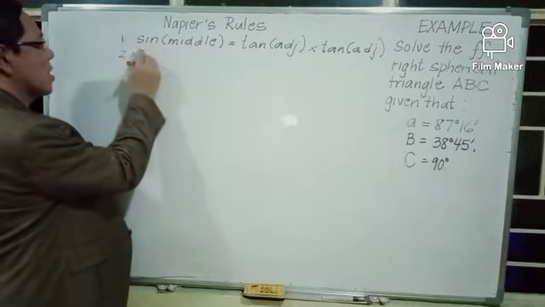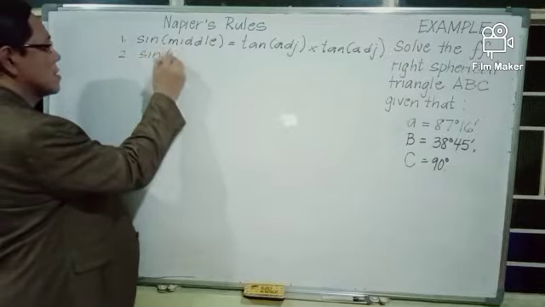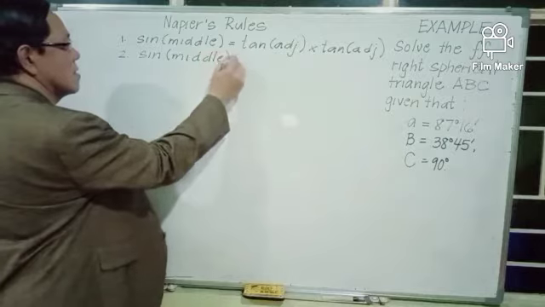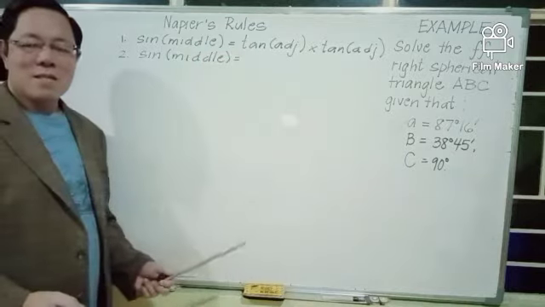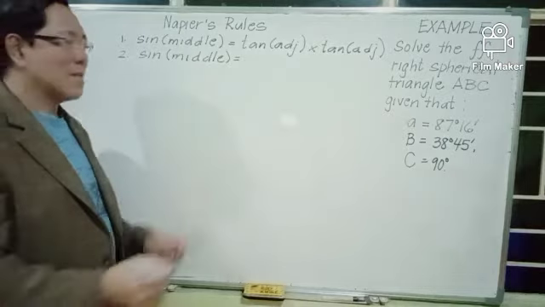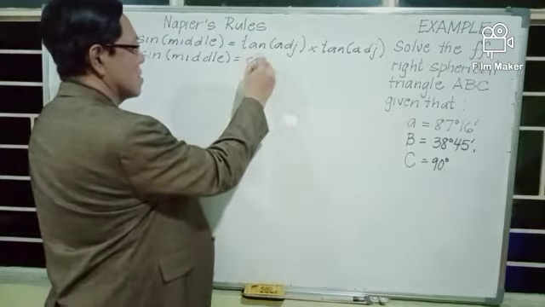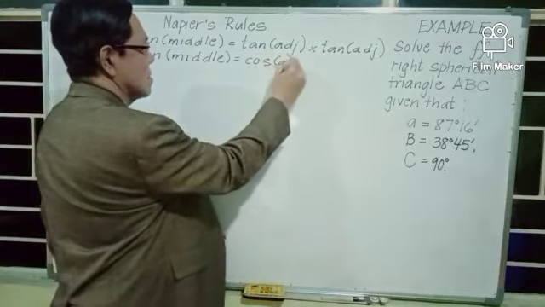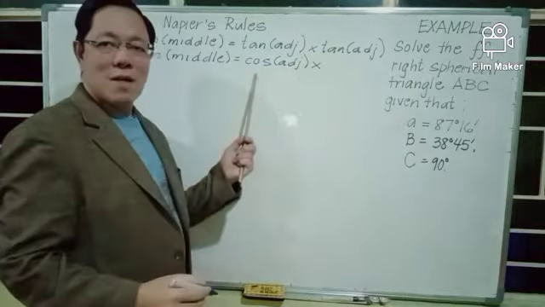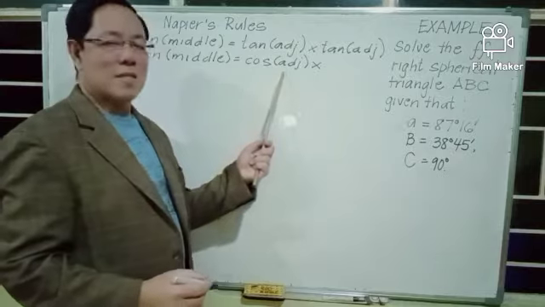The sine of the middle part. The second Napier's rule states that the sine of the middle part is equal to the product of the cosines of the opposite parts.